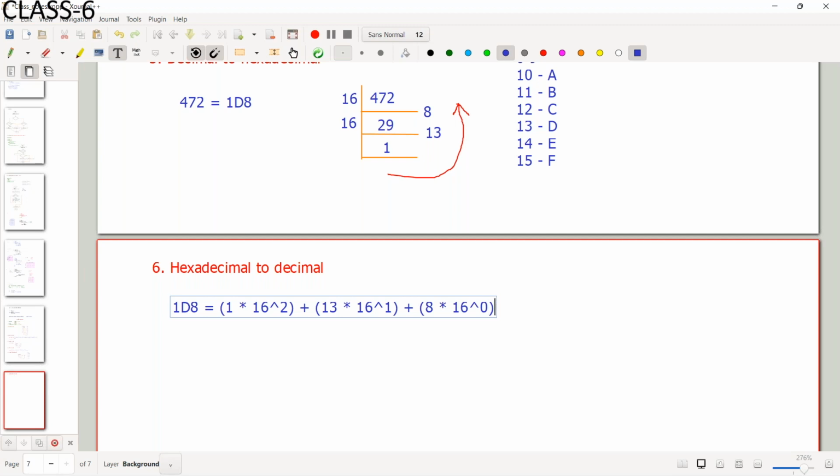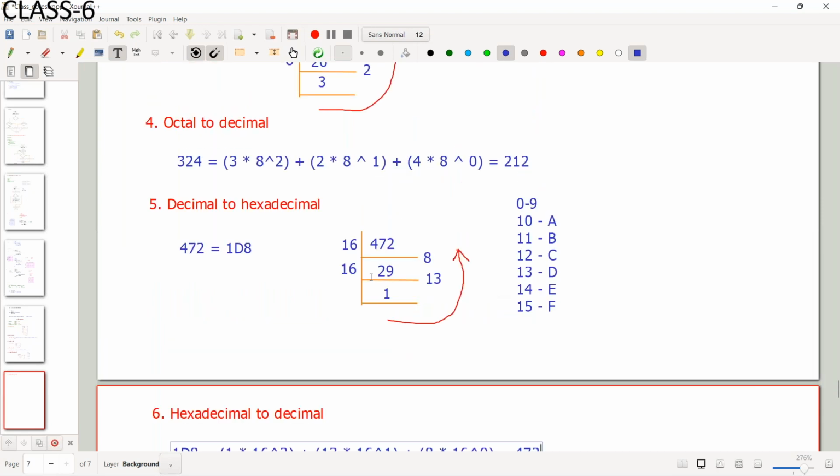When we sum this up, surely what we get will be 472 itself. Okay, so that is the conversion, hexadecimal to decimal and decimal to hexadecimal.